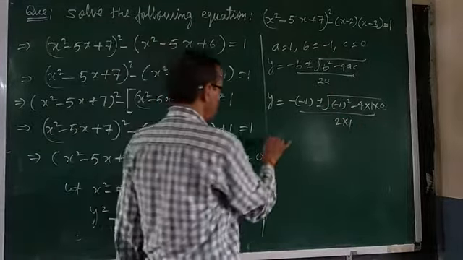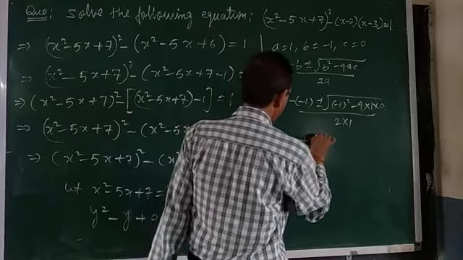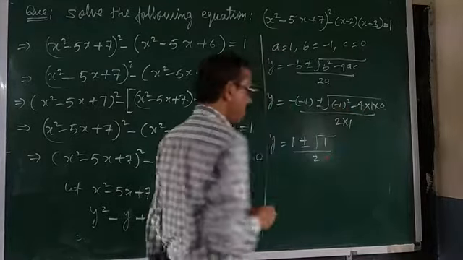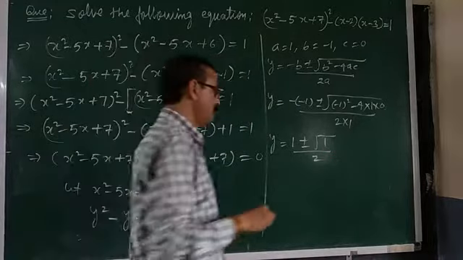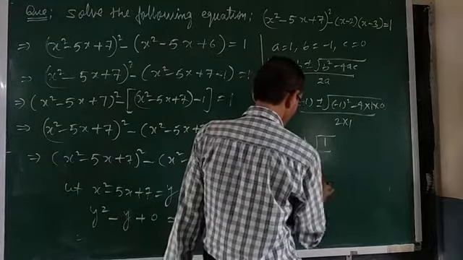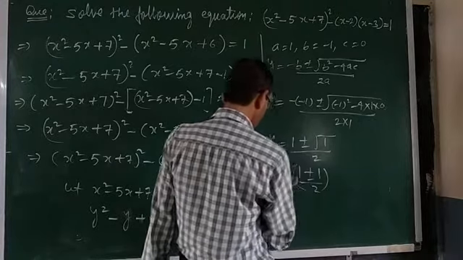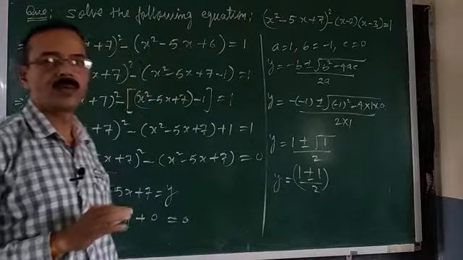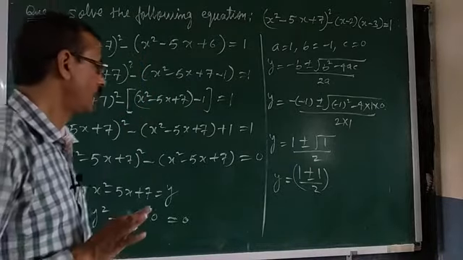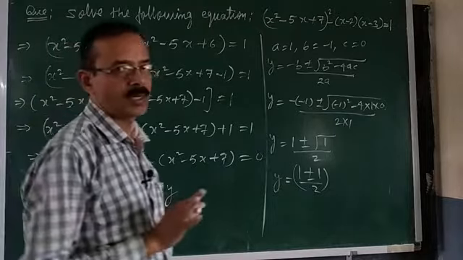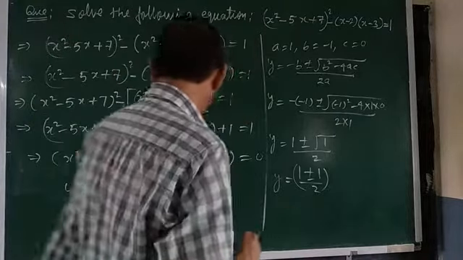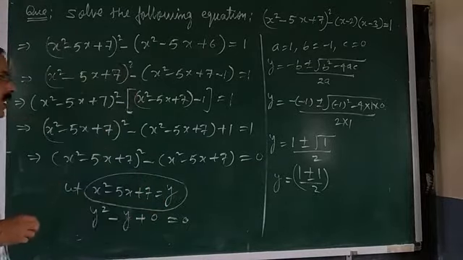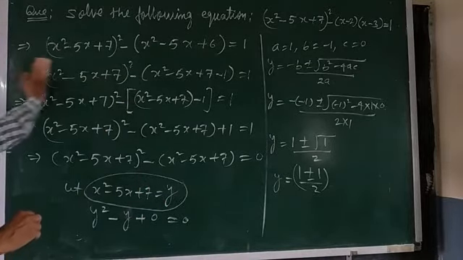So y is equal to 1 plus minus, what will be here? ये 0 हो गया, बचा कितना? 1, whole upon 2, and under root 1 that is 1. So we can write 1 plus minus 1 upon 2. So two values we found: 1 plus minus 1 upon 2. Okay, so take them one by one, positive and negative. You must not forget that we have to find the value of x. So let's remove this.